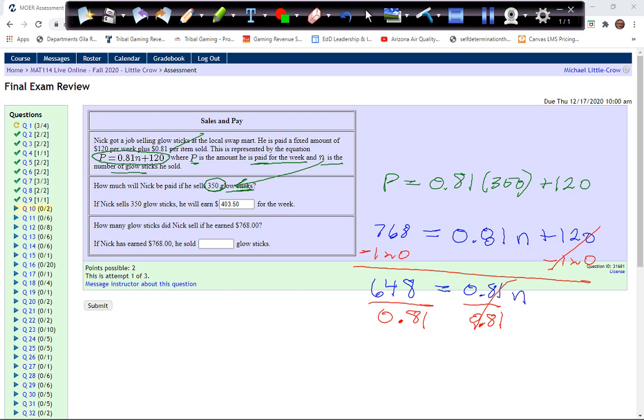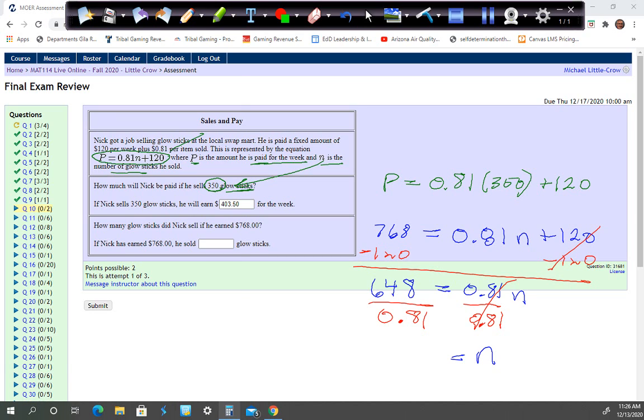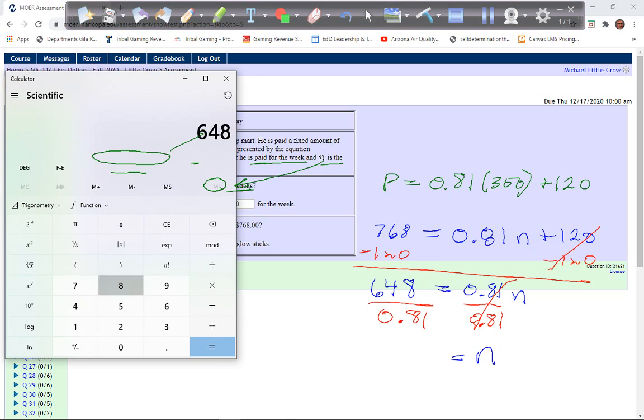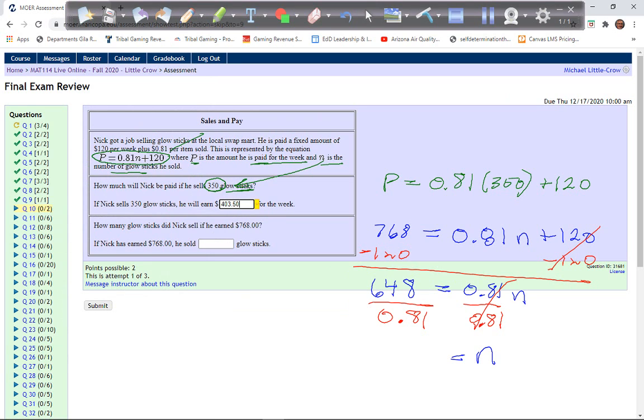Paid 81 cents per, so that's going to give us N equals 648 divided by 0.81. 800. Nice.